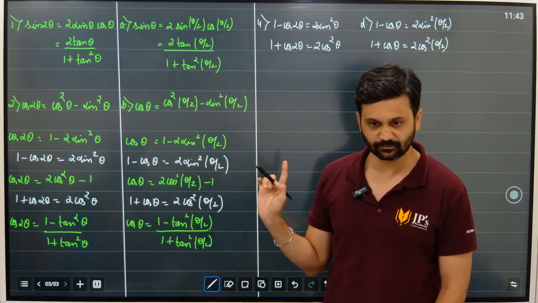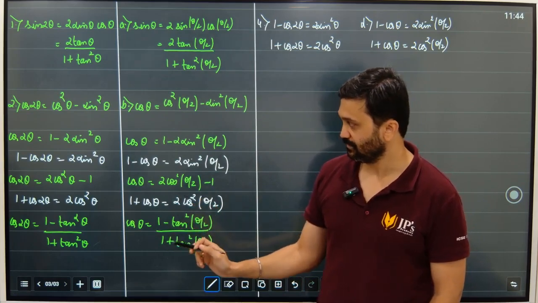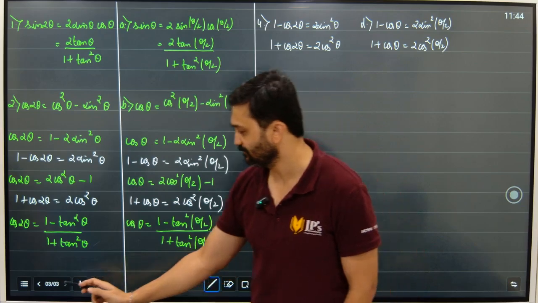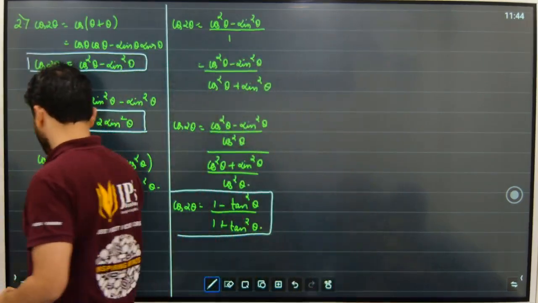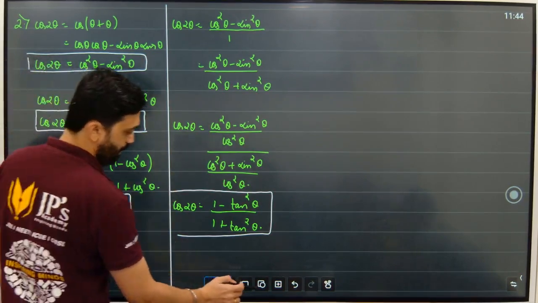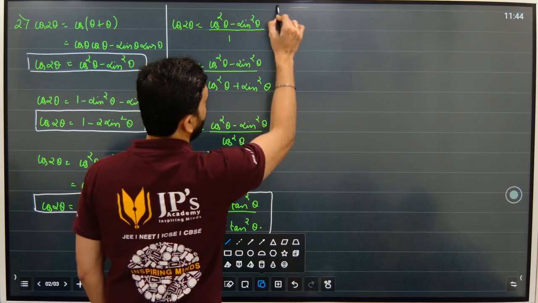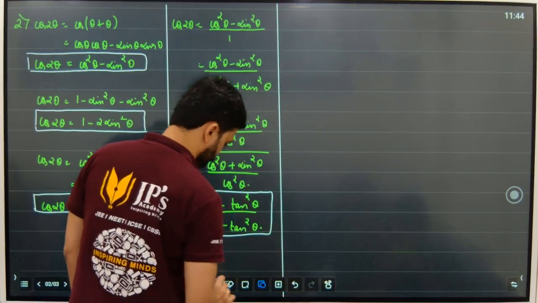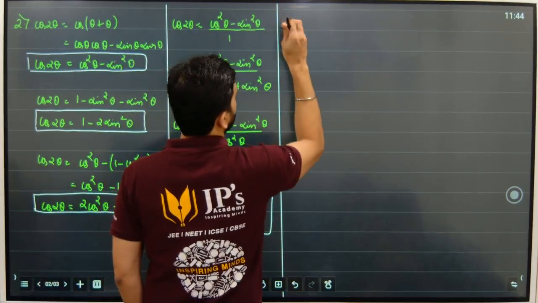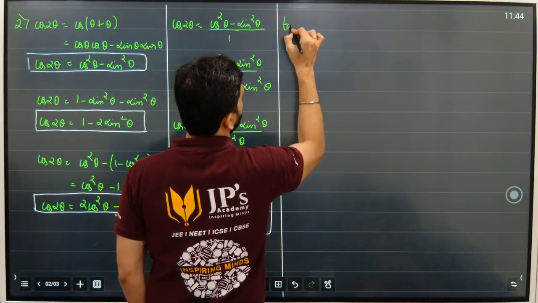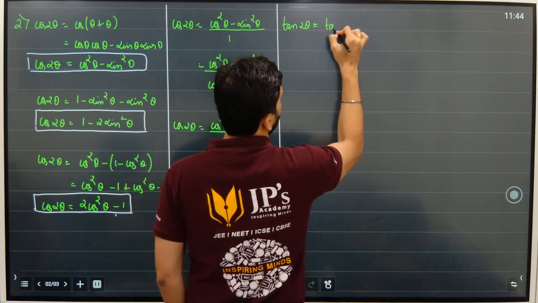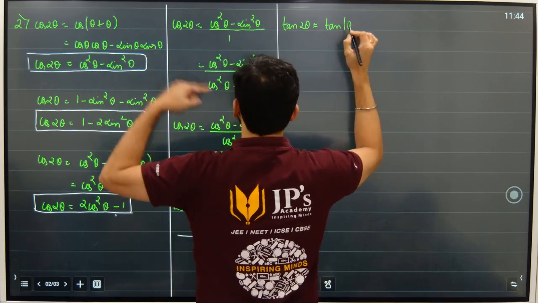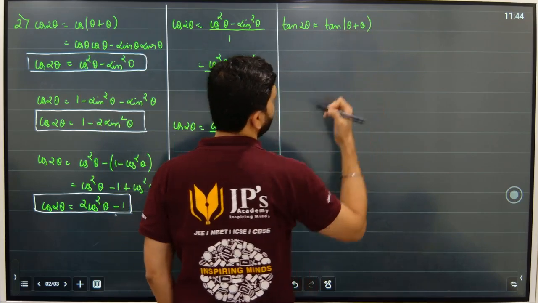Has everybody understood this? Because of this, we have derived these sets of formulas, sin 2 theta done, cos 2 theta done. Next comes, if I have to show and derive, guys, look carefully. Obviously, I also have to show for tan 2 theta. Guys, tan 2 theta in the same pattern, I will write tan theta plus theta.